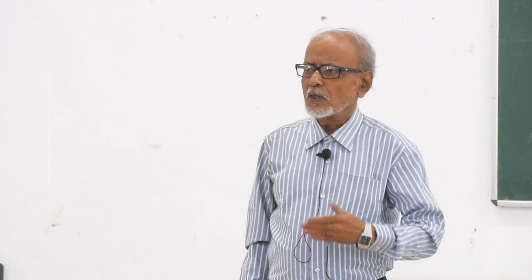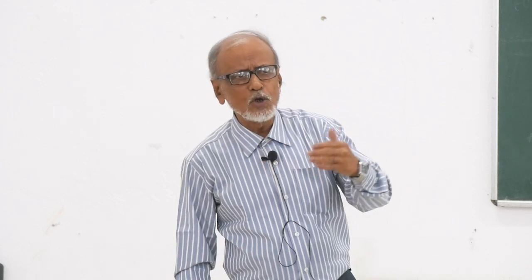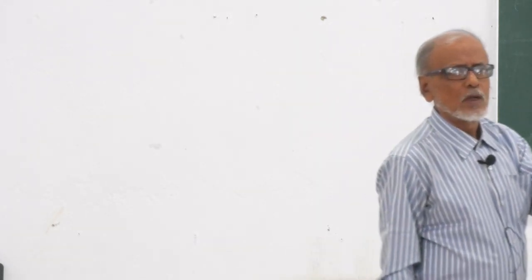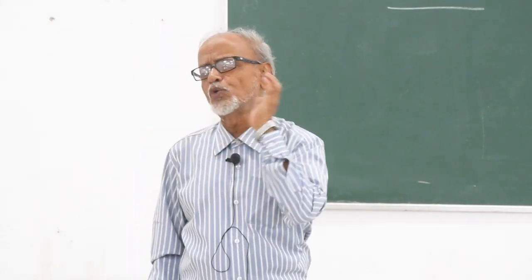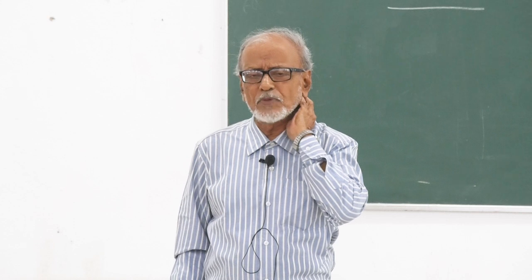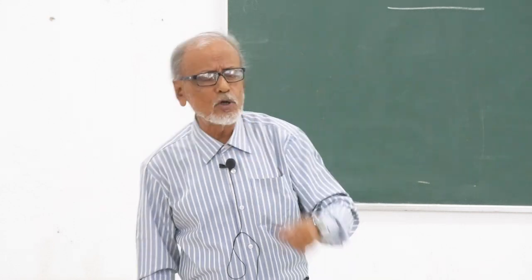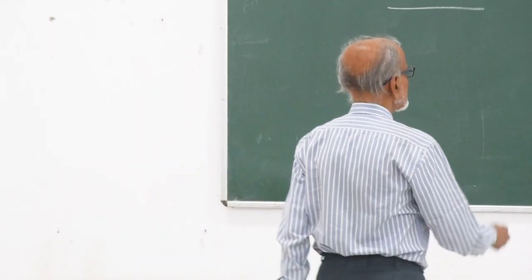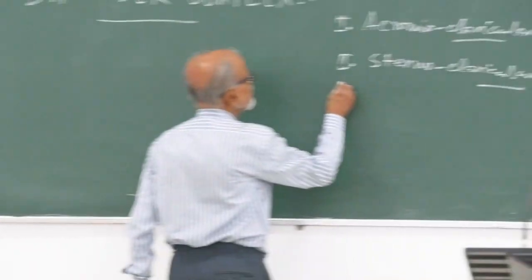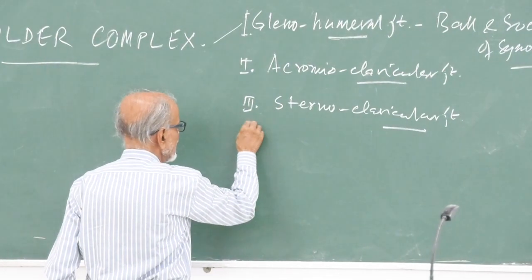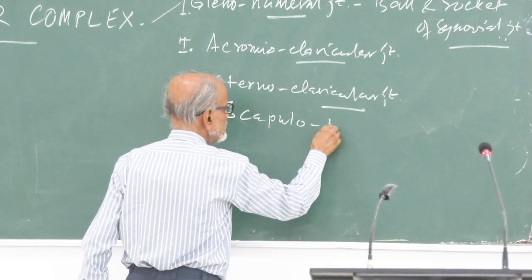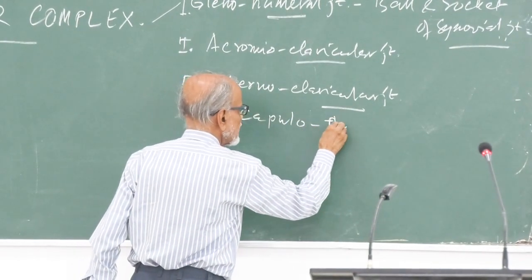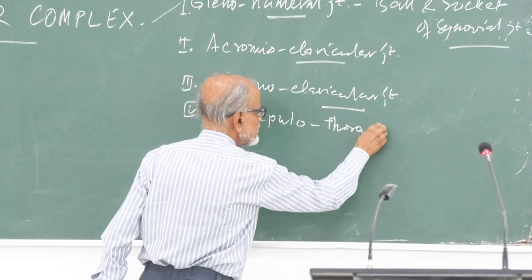Therefore, right now it will not be difficult for you to learn about that component of the shoulder complex. What is the name of that component? That component is being called as the scapulothoracic linkage.